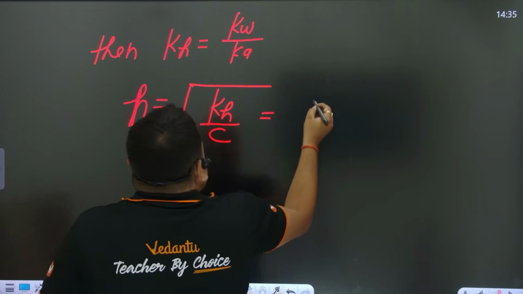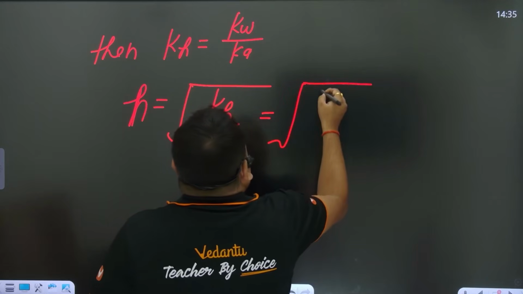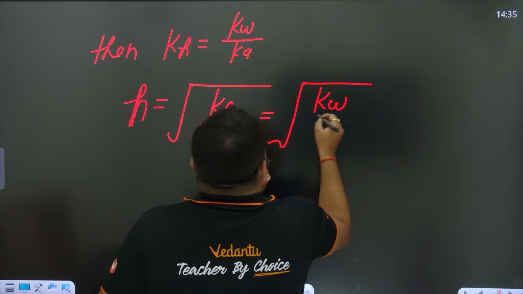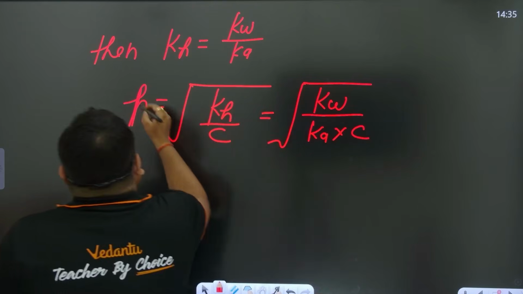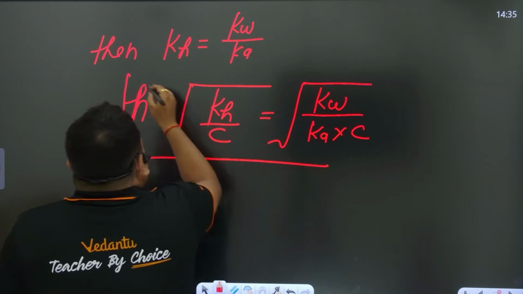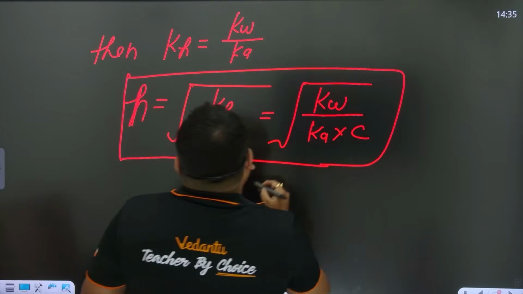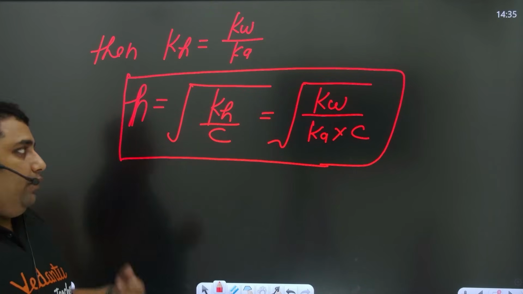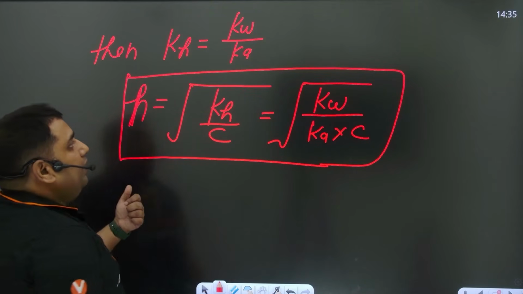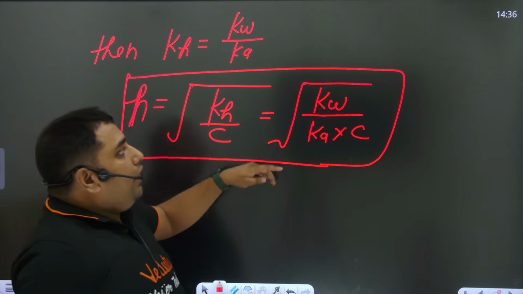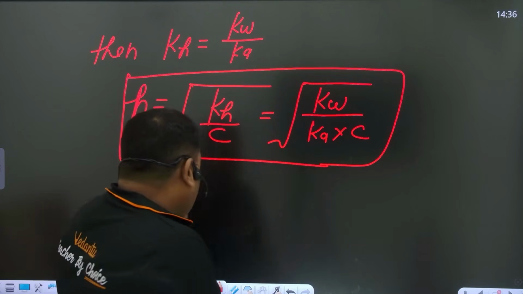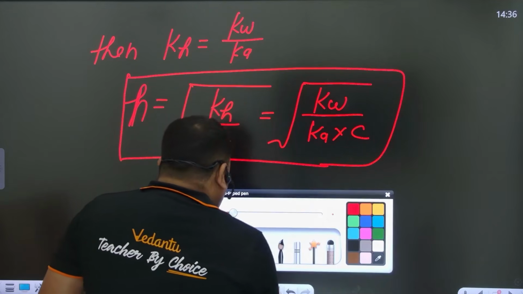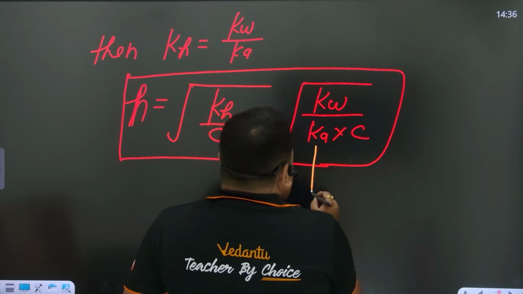If you put this Kh value here, then you get Kw by Ka into C. So you got the formula to calculate degree of hydrolysis. So degree of hydrolysis is equal to under root of Kw divided by Ka into C. And these values are already given in the question.